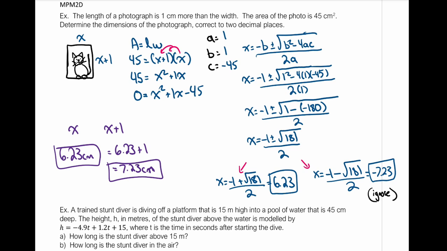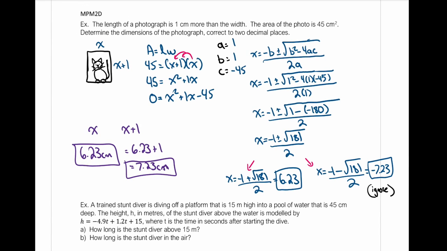So these are my two dimensions for this photograph. And again, we just got that from using our area formula to come up with a standard form equation, plugging those values into our quadratic formula, solving, choosing the correct, or the realistic solution, you could say, and then plugging that back in for the dimensions.